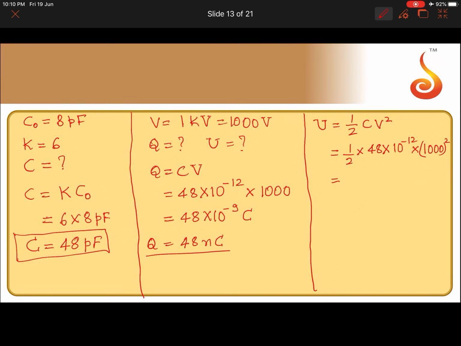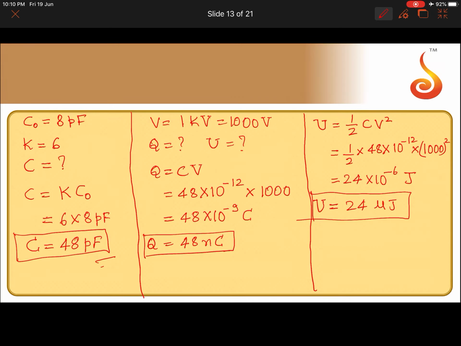So, this will become 10 to the power minus 6. So, it will become 48 by 2, that is 24 into 10 power minus 6 joule, that is equal to 24 microjoule. So, energy stored is 24 microjoule, charge stored is 48 nanocoulomb and capacitance is 48 picofarad.